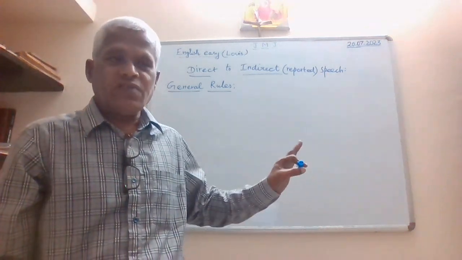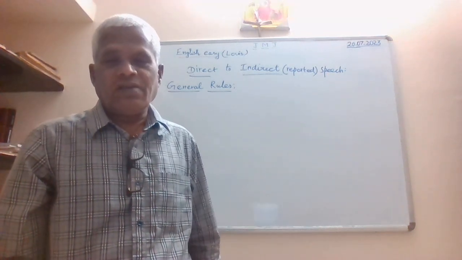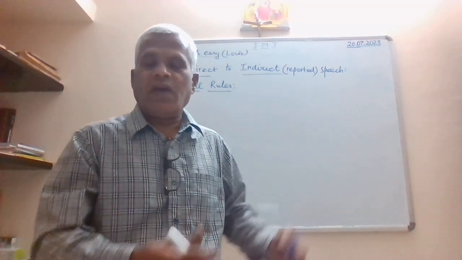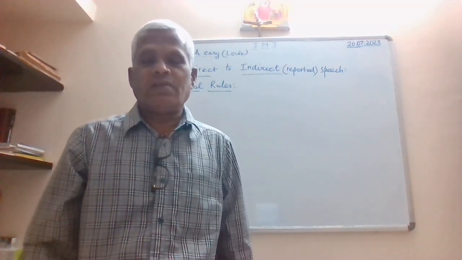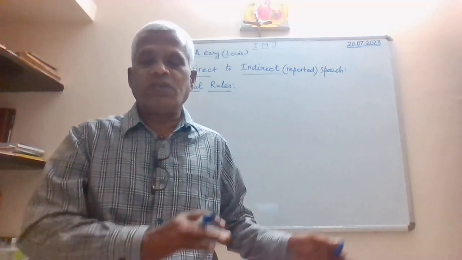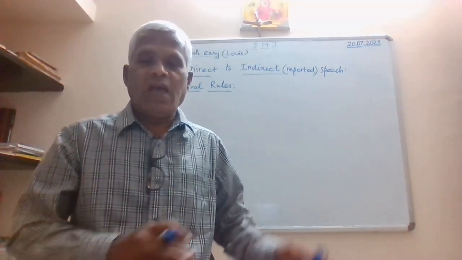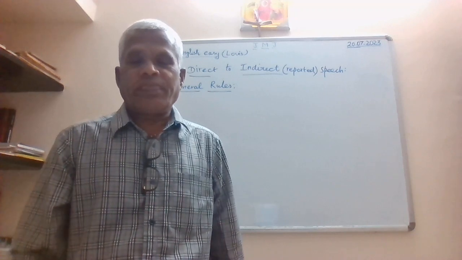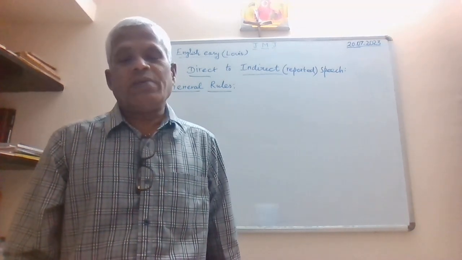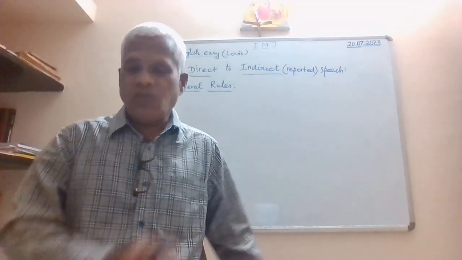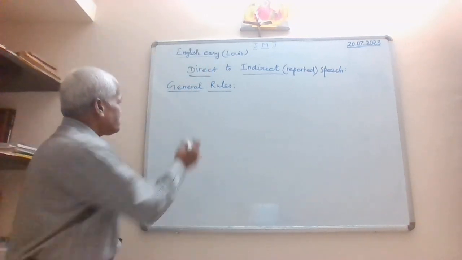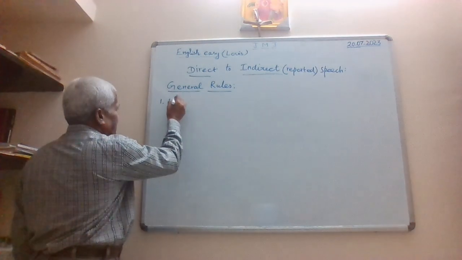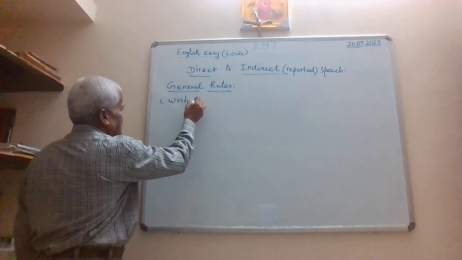So let me write a small sentence and then we will try to identify what the reporting verb is all about. Because unless you know how to change the reporting verb, the following will not be able to help you to complete the process properly. Okay, now what is this reporting verb? Writing the reporting verb.